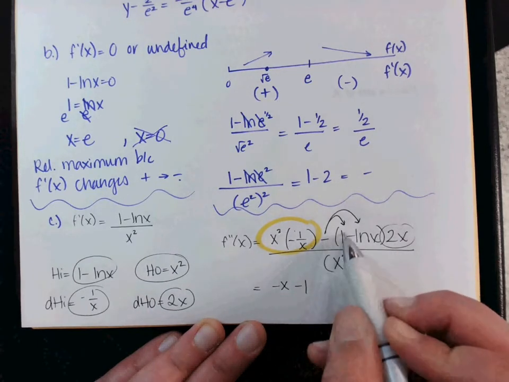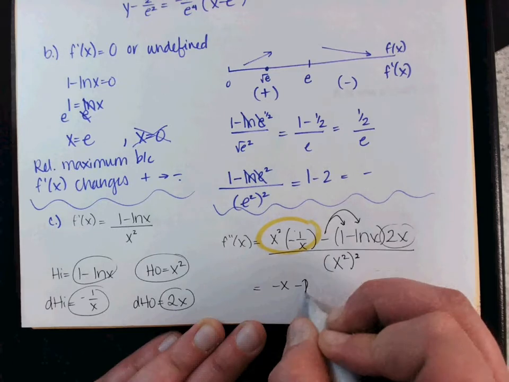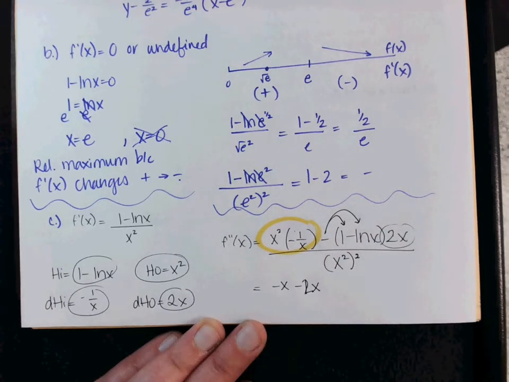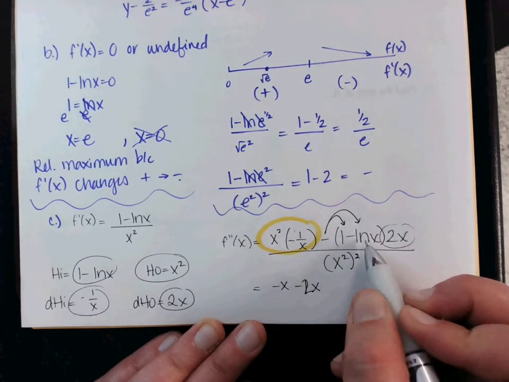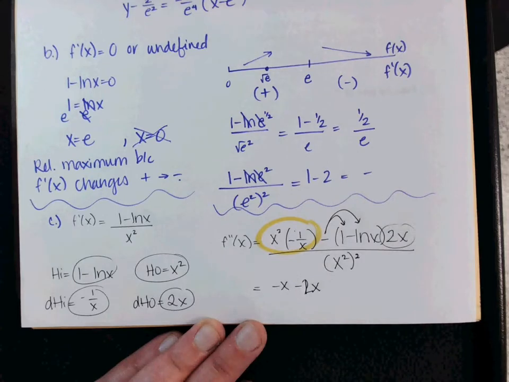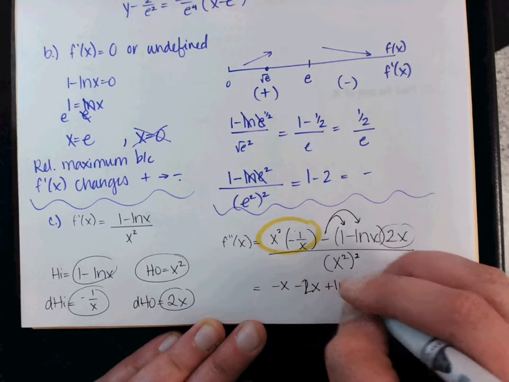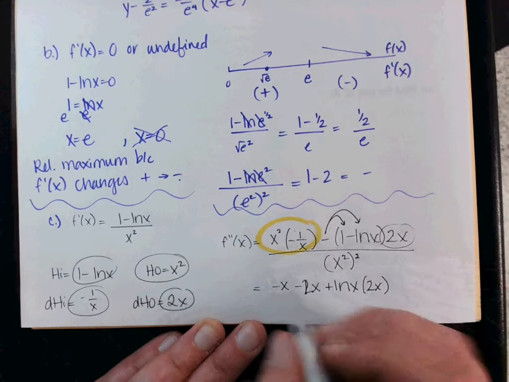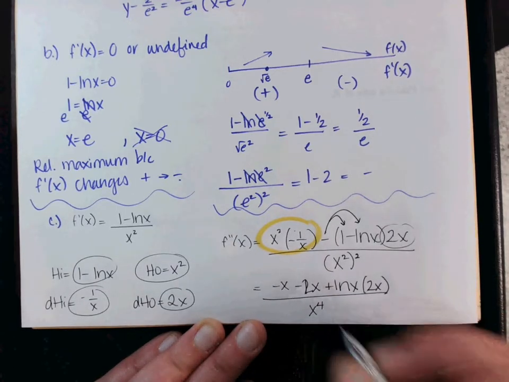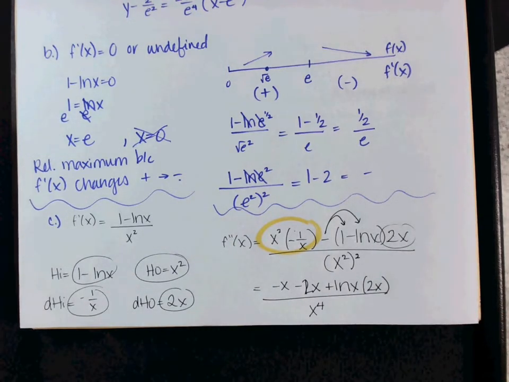So it's minus 1 times 2x is minus 2x. Are we good with that? And then minus negative ln x is really a plus ln x, but then times a 2x behind it. X to the fourth. No, so you can't combine the 2x with the x because the x is inside the ln x, yeah?